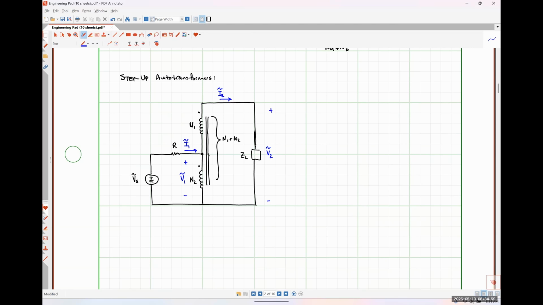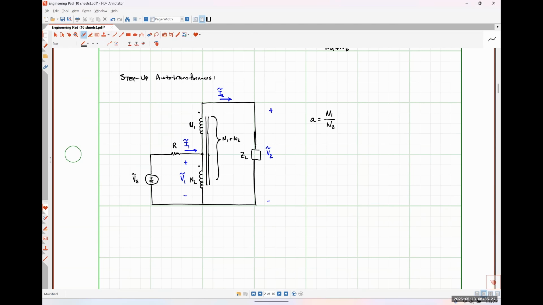It's going to require a little bit of math for us to figure things out here, but it's not going to be that much different than what we did when we were looking at the ideal transformer to begin with. The first thing I want to remind you of is that our turns ratio, A for this case, is N1 over N2.